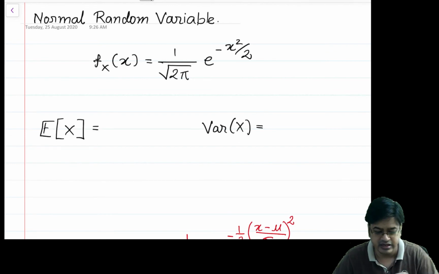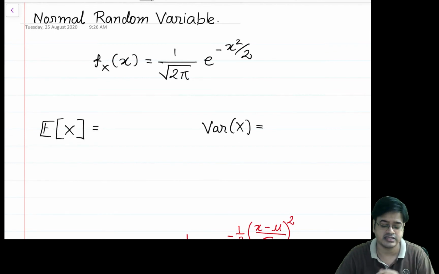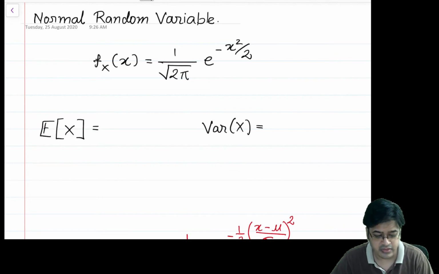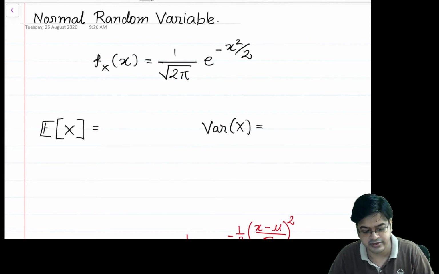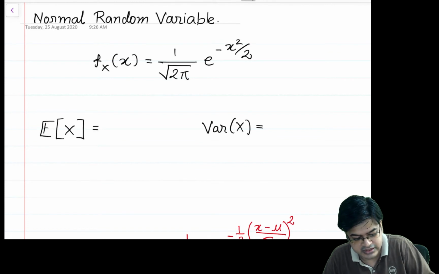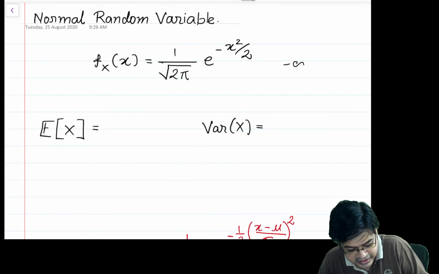But for our purposes, let us try to see this as one distribution and see whether this f_X(x) given here actually forms a density or not. In order to check whether this forms a density or not, you just integrate this from minus infinity to infinity. In this case I have the entire range specified, minus infinity less than x less than infinity, or x belonging to the real line.